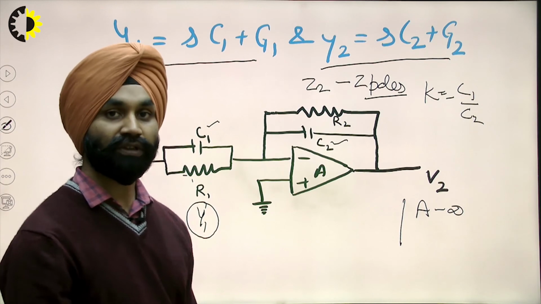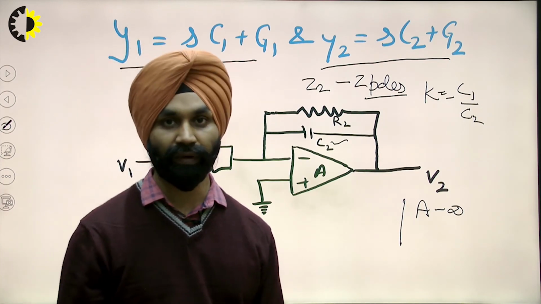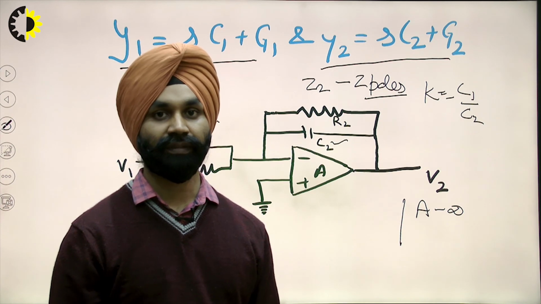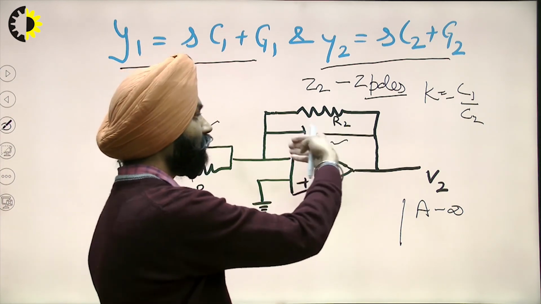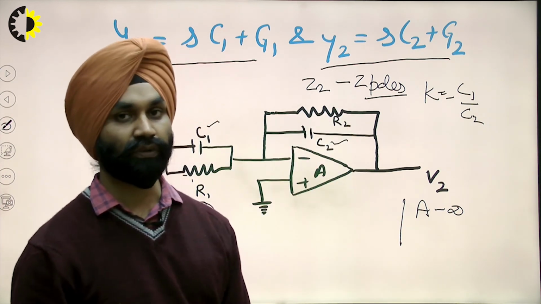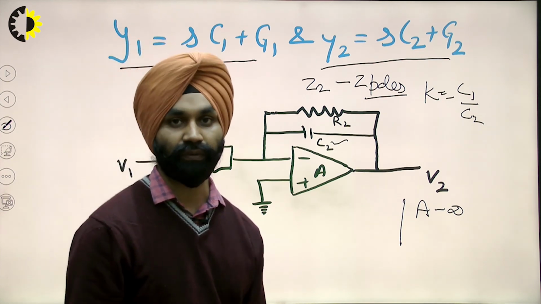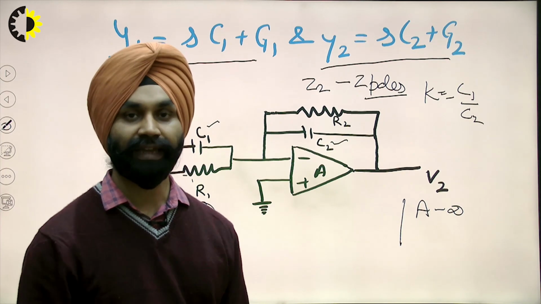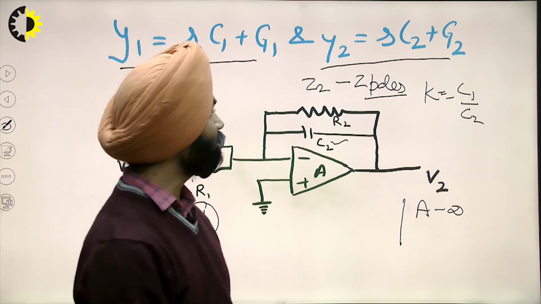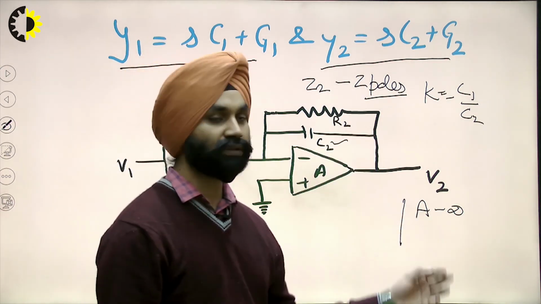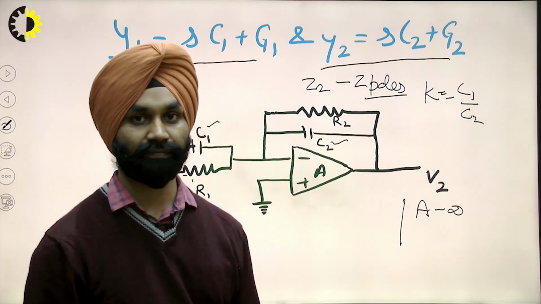There are other possibilities of Y1 and Y2 also. That means we can have a number of combinations of Z1 and Z2, but that will again depend on how zeros and poles are to be located.